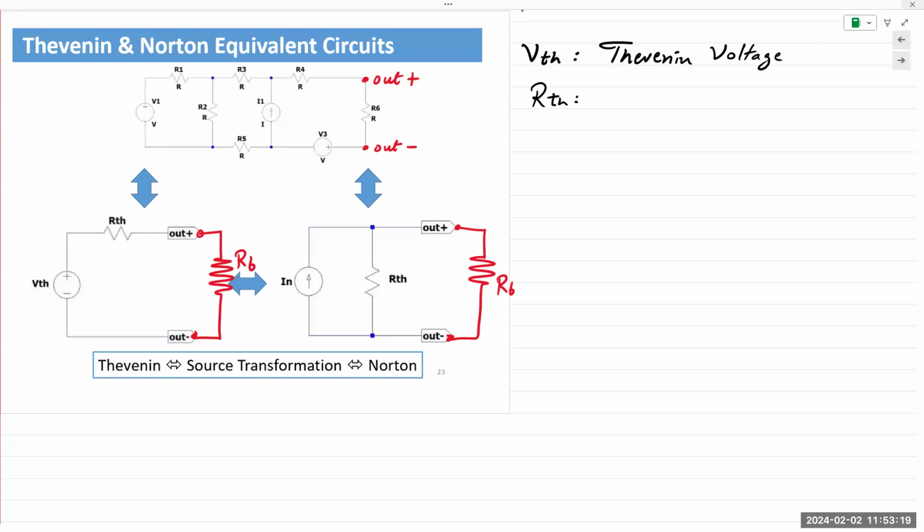RTH would be Thevenin resistance. And IN would be the Norton current.